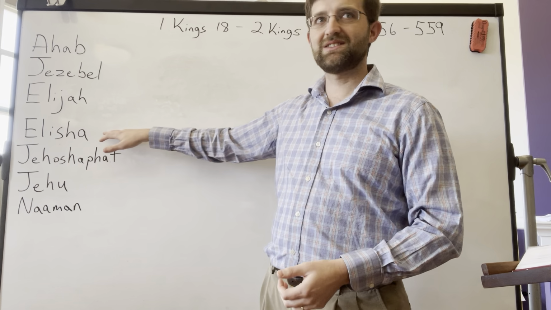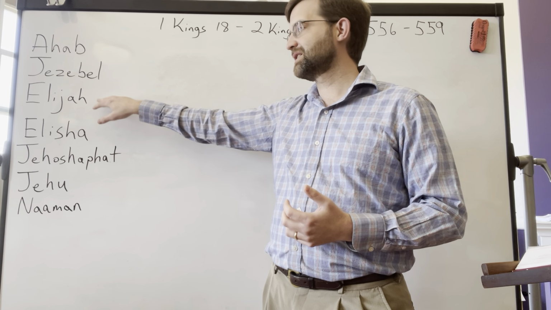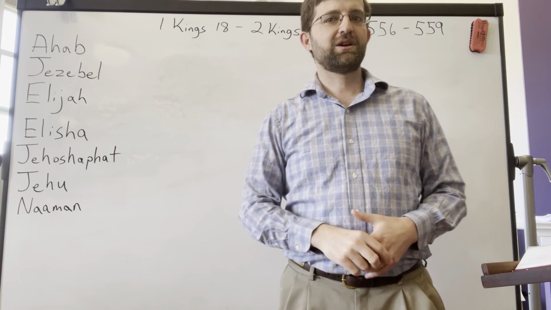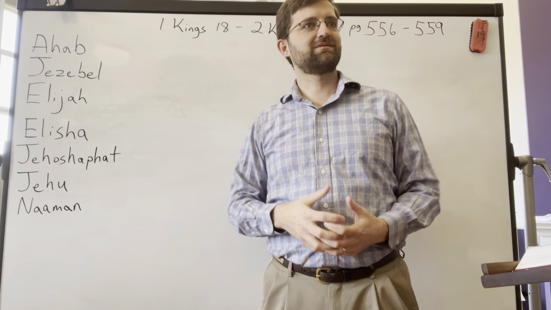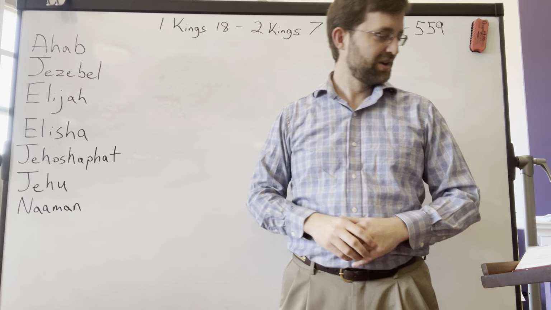And then we're going to see stories from Elisha. Elijah's stories are mostly going to be in 1 Kings. Elisha's are going to be mostly in 2 Kings, but that's who they are, and you got to keep separate those names of who they are.